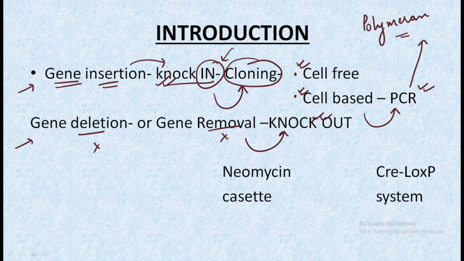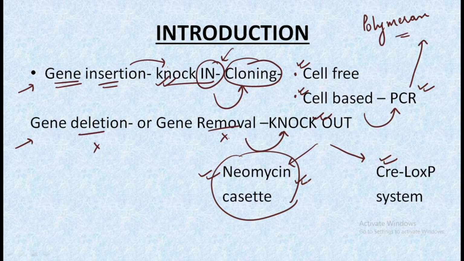In case of knockout, there are two important methods that we need to focus upon. The first one is the neomycin cassette and the second one is the CRE-LOX-P system. In this lecture, we would be mainly focusing upon the neomycin cassette, and in the second part of this video, we would be discussing the CRE-LOX-P system.